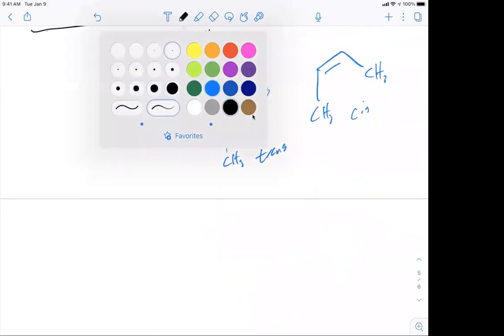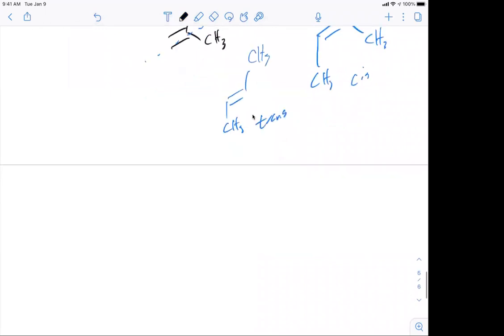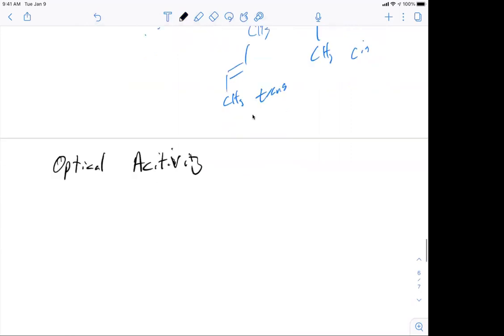All right. I want to talk a little bit about optical activity. And this one is less of a problem than just reintroducing this. One of the things to remember about optical activity is that if I have a rotation of, let's say, plus 25 for this molecule, then this molecule, which is its enantiomer, will have a negative 25.